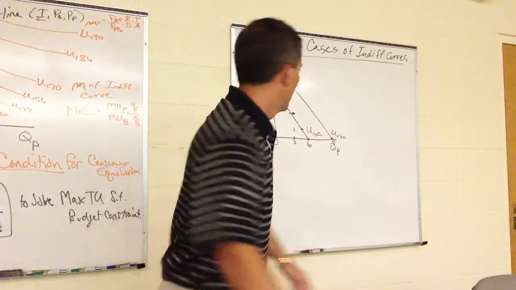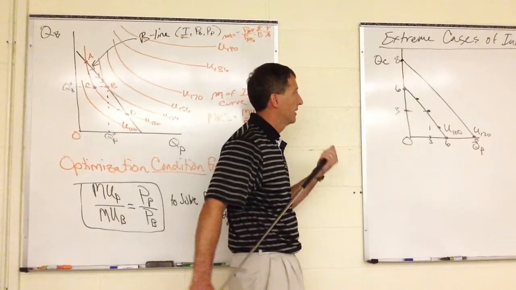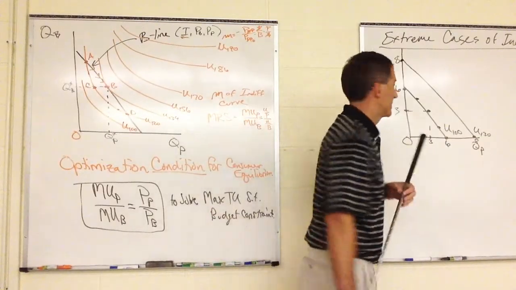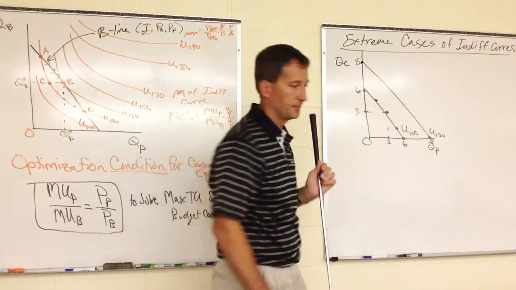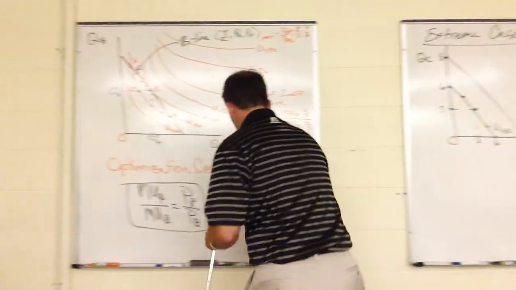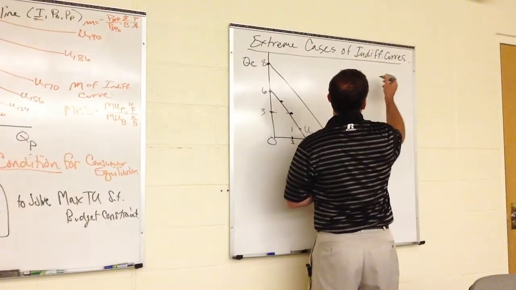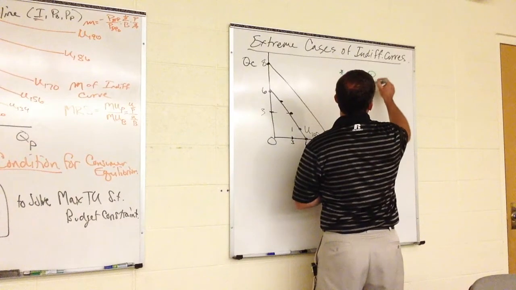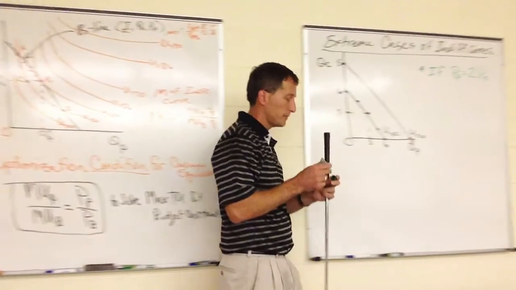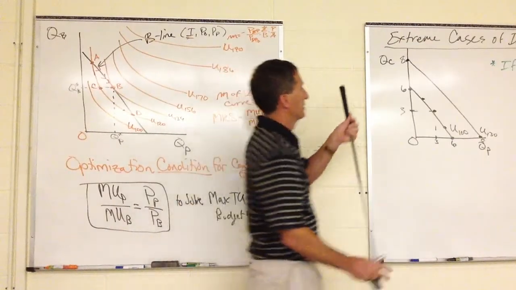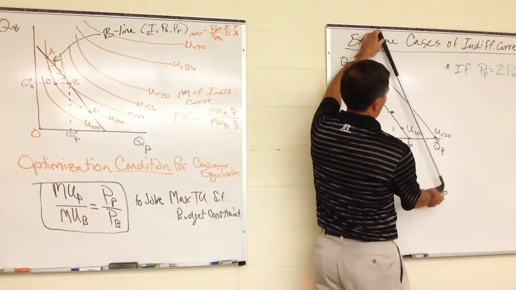So if Pepsi is twice as expensive as Coke, is the budget line flatter or steeper? So if the price of Pepsi equals 2 times the price of Coke, it's steeper.